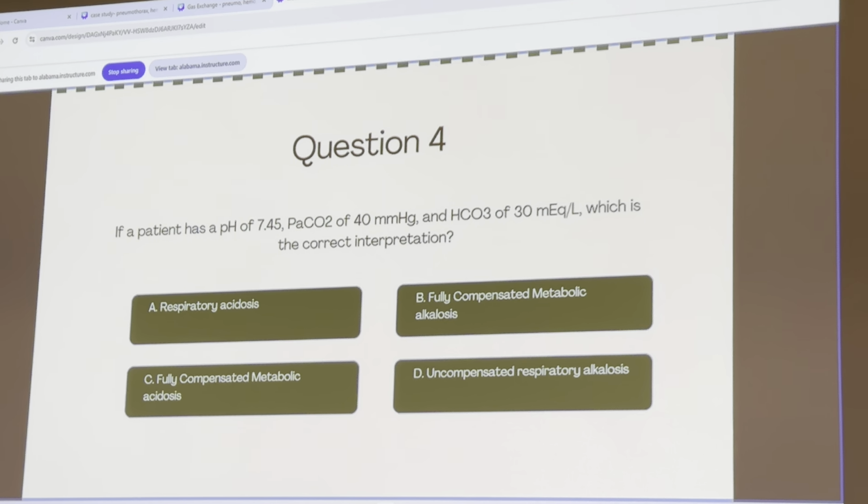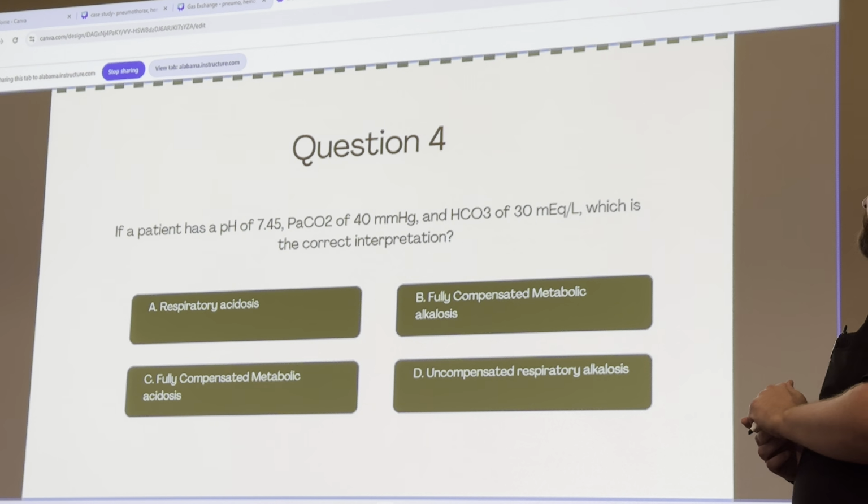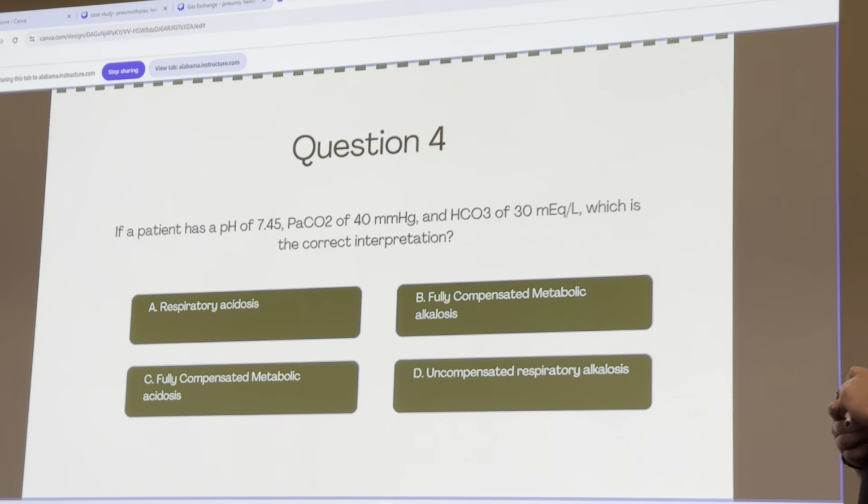Still working? Yes or no? No, I lied. That's not what it is. It's B, sorry. Sam says B. Yeah, that's what it is. After she said C. So is it C or B? It's B. I like fully compensated metabolic alkalosis.